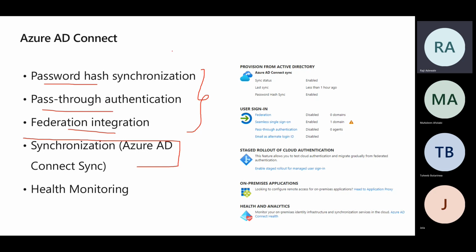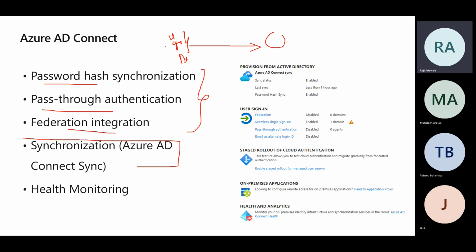What does that mean? Basically it means that all the objects within my on-premise environment, your objects would include your users, your groups and attributes of these entities, and also your devices, it would synchronize them. Synchronize means that it would make copies of them available also in the cloud. So if I have a user account on my domain controller, I would see that user account on my Azure AD.